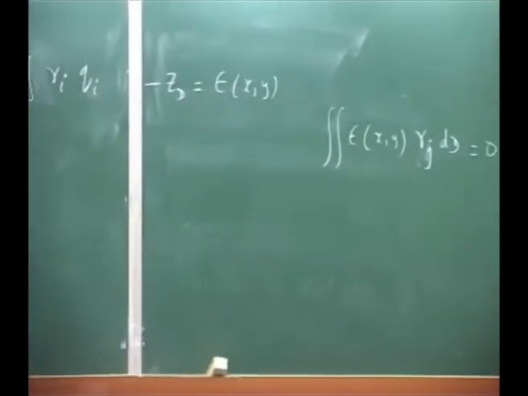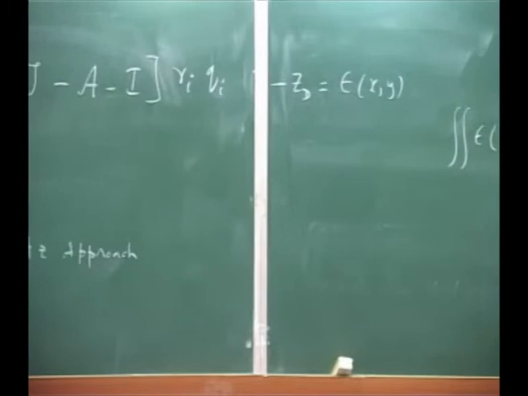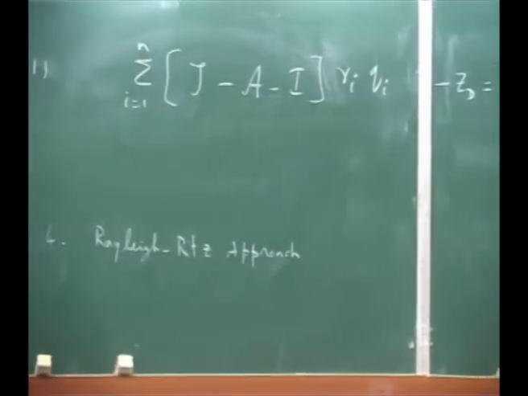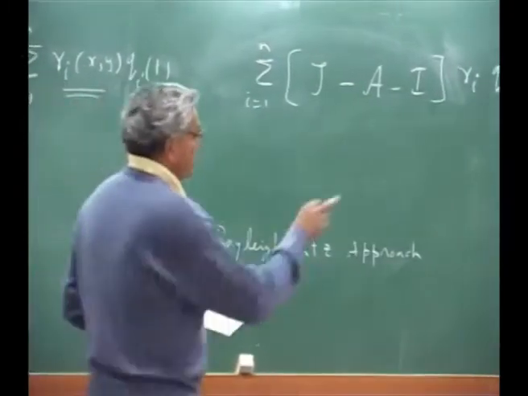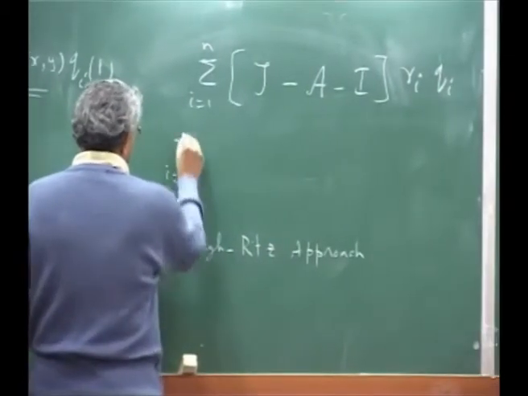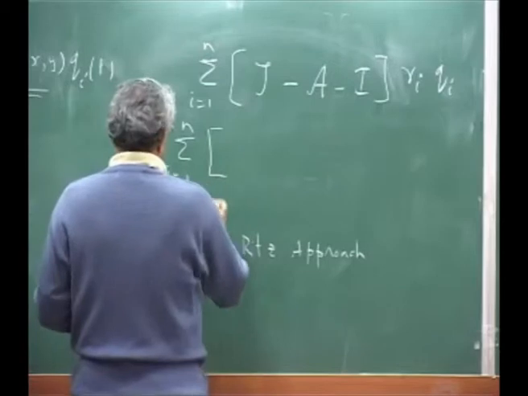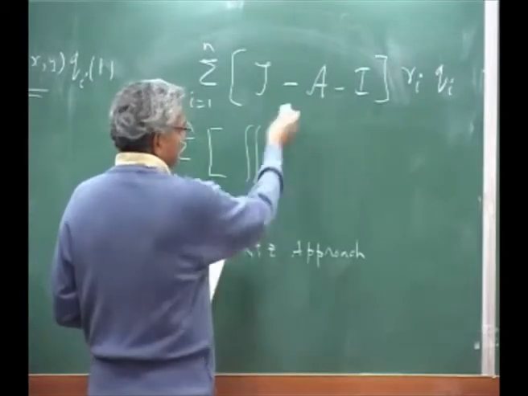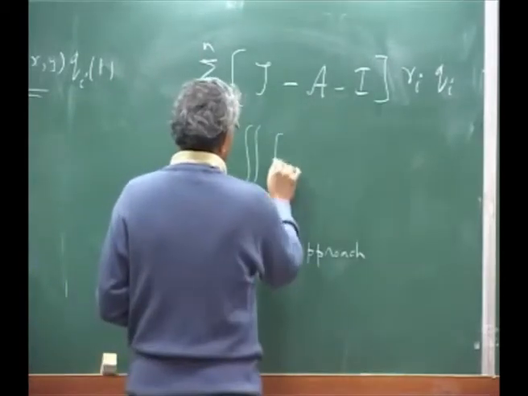And if you do that, your equation will become, you will get essentially n equations, because you will put it as summation i running from 1 to n. This is an integral over the domain, that is all.